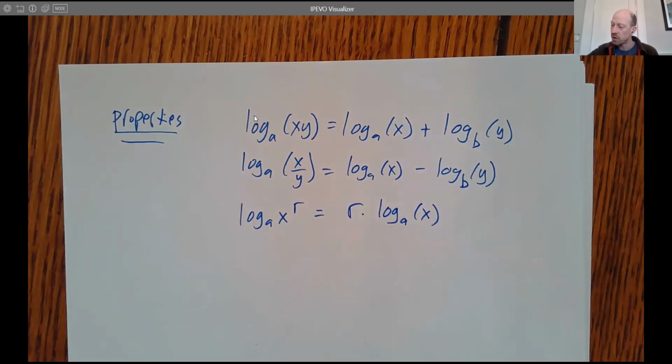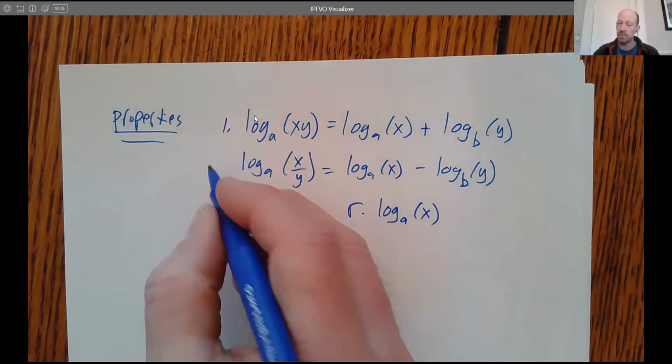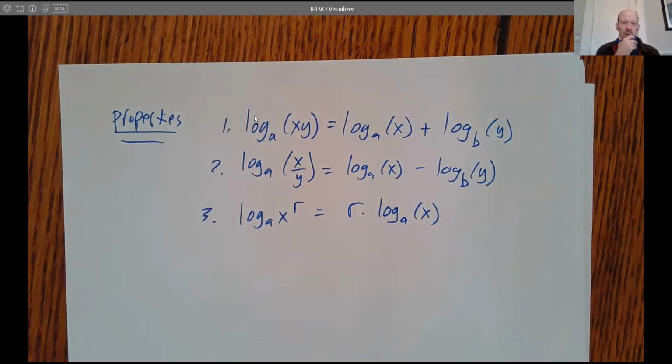So these are three critical rules of logarithms. There are little proofs for them. I think I go through one of the proofs in the work posted on D2L. But otherwise, you got to know them. It's going to be hard to come up with those on your own.